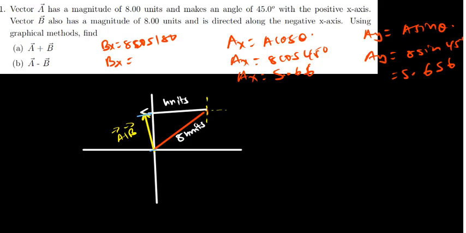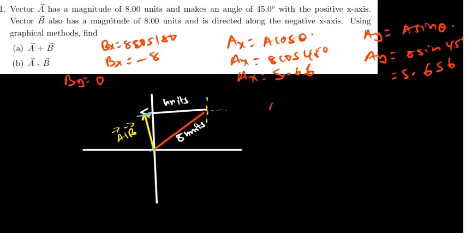Time is not going to be with us, and we are not going to finish. So 8 cos 180 is negative 8. Then you can do sine. What is going to be the sine of 180? 0.